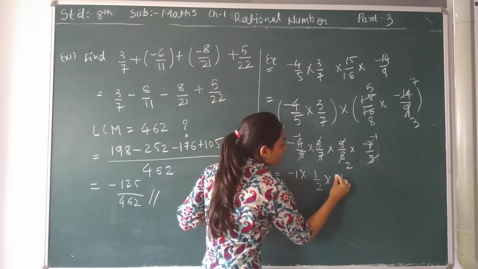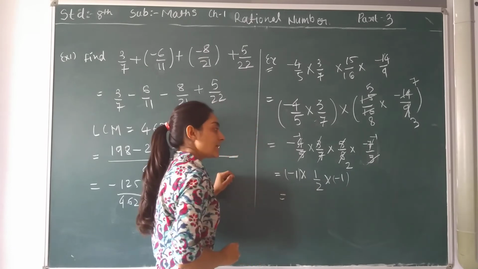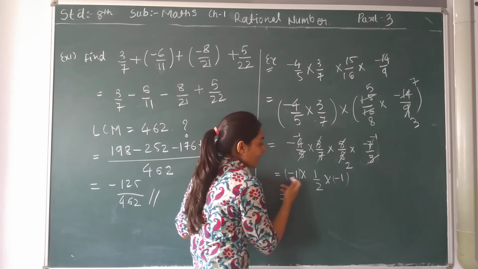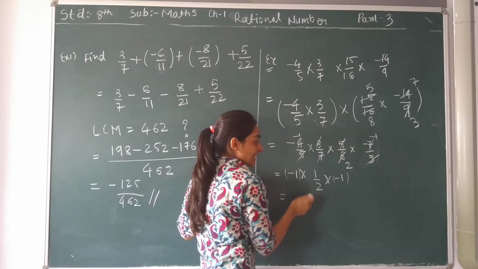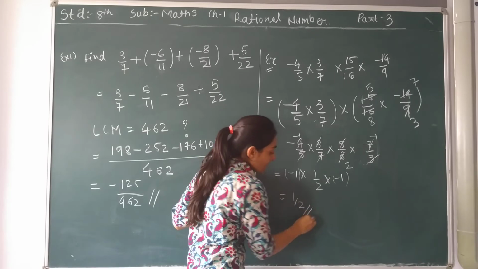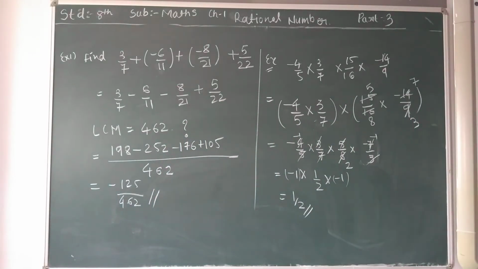What we left over here is minus 1. Now multiply all these things. Multiplying all these things, so minus minus is plus, and 1/2. The answer is 1/2. Understood? Now plus 1/2 is the answer.